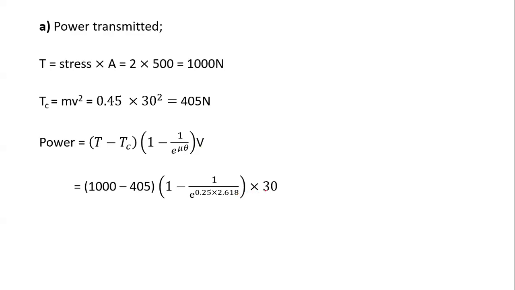Multiply everything by 30. When we subtract these two, we get 595. In between here, we get 0.4803. Then we bring down the 30. Then our power is 8,573.355 watts.